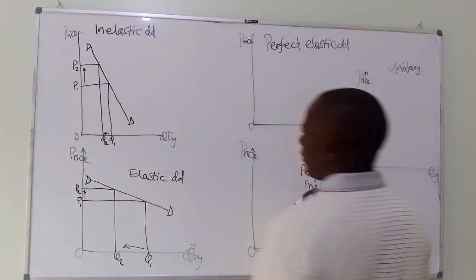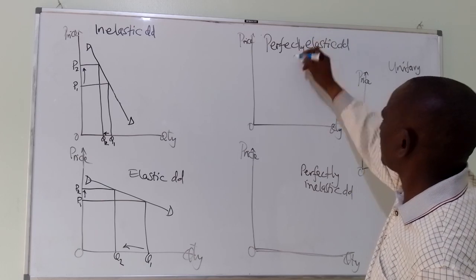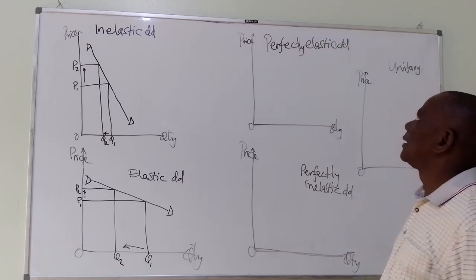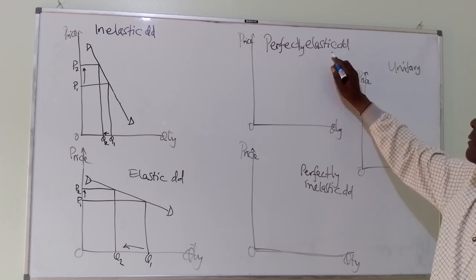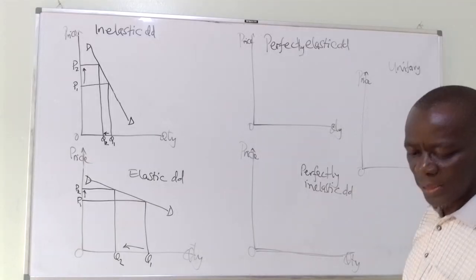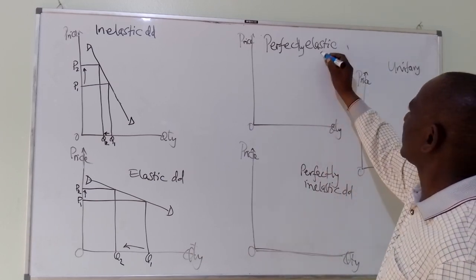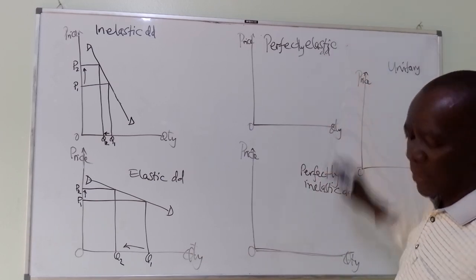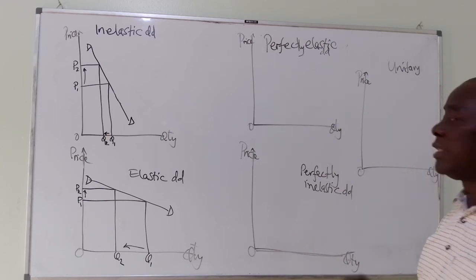Now when we move to perfectly elastic demand. Perfectly elastic demand means what? That the change is infinite.